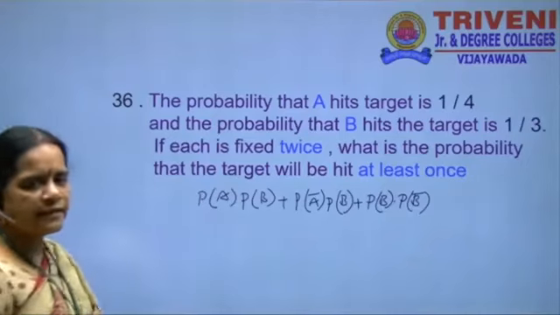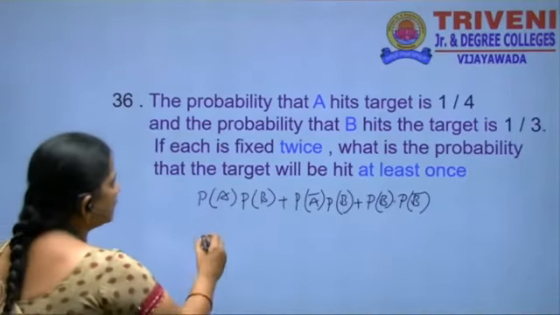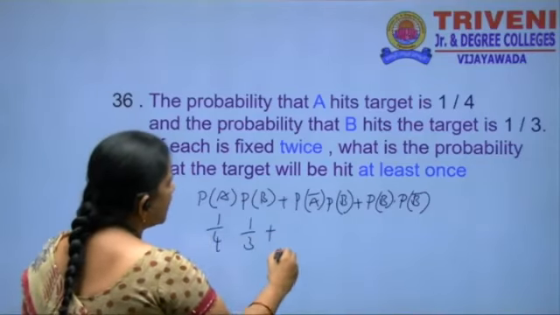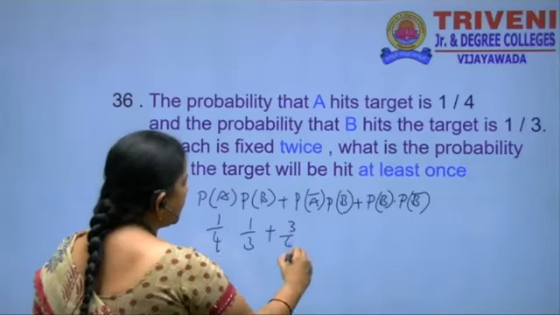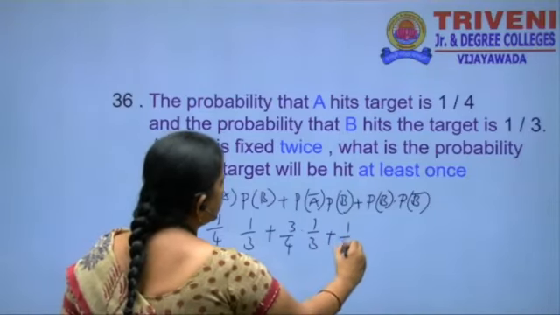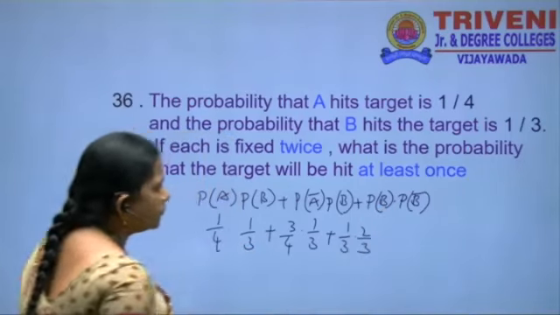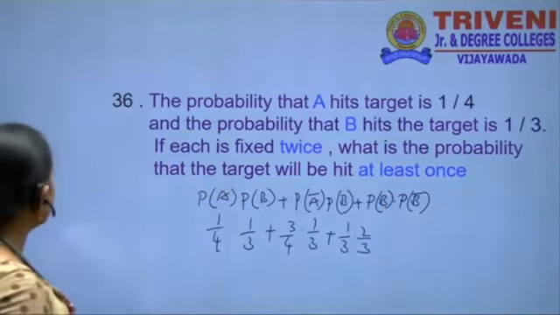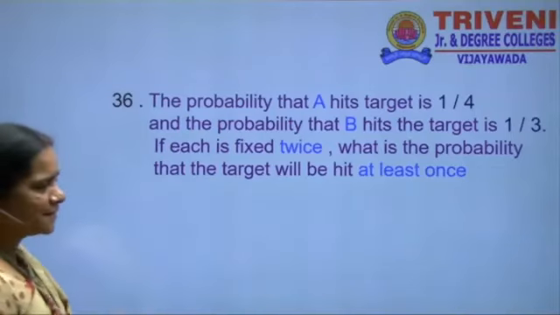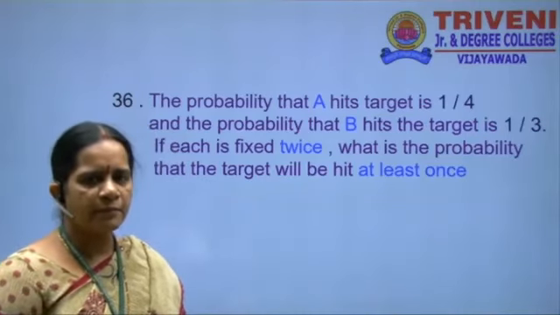Here we have to find A and B hitting the target like this. We take 1 by 4, here 1 by 3, and P of A bar is 3 by 4, here 1 by 3 plus 1 by 3, here B bar is 2 by 3. Like this we have to do the problems. We will continue Bayes theorem in the next class.